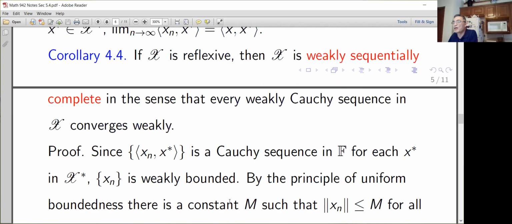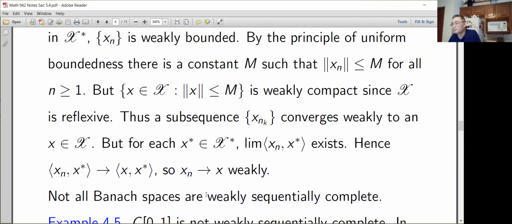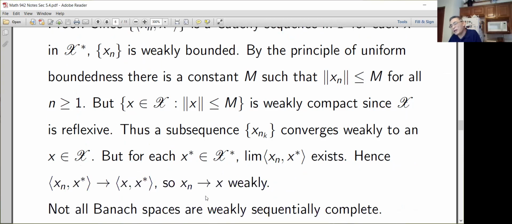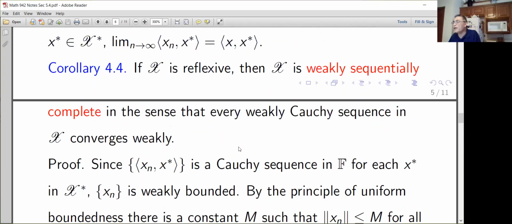So the corollary has been proved. We have proved that if the space is reflexive, then it is weakly sequentially complete.